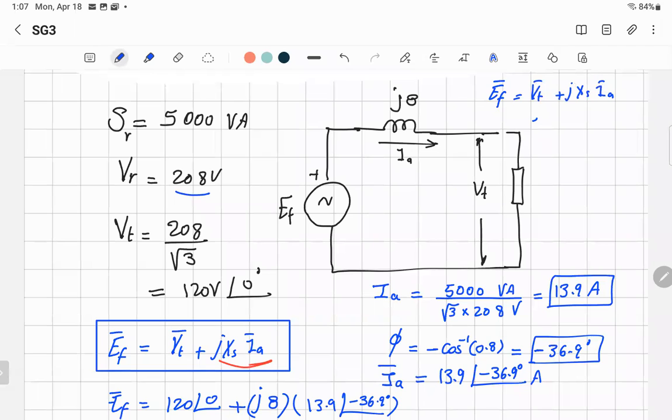So if you want to find the current, IA is equal to EF minus VT divided by JXS. So to find the stator current, you have to have EF, VT, XS. VT didn't change. XS didn't change. EF changed. That's why I was working on finding the new EF, and I found its magnitude and its angle.